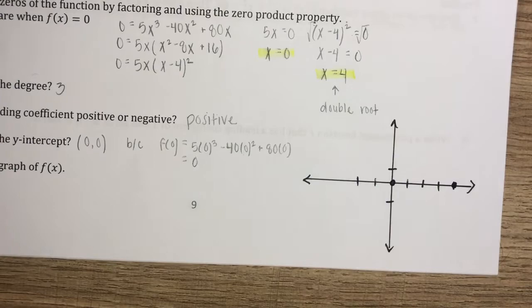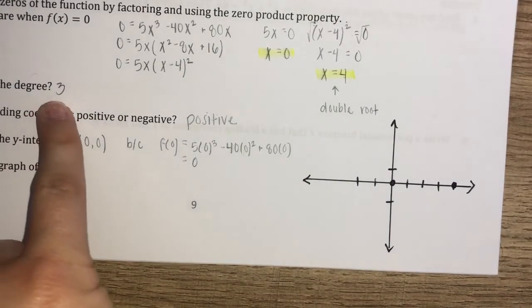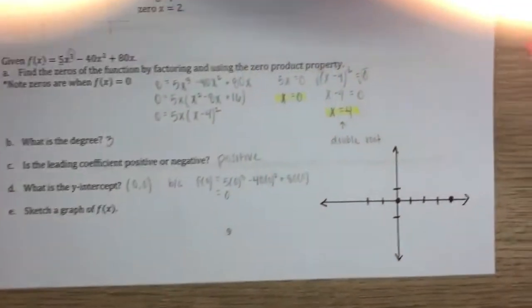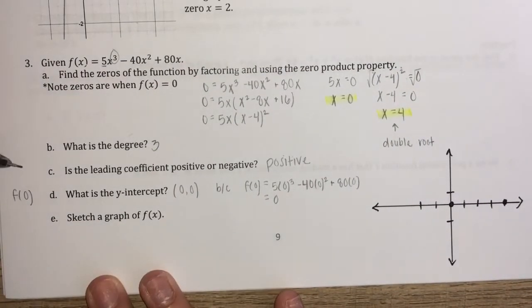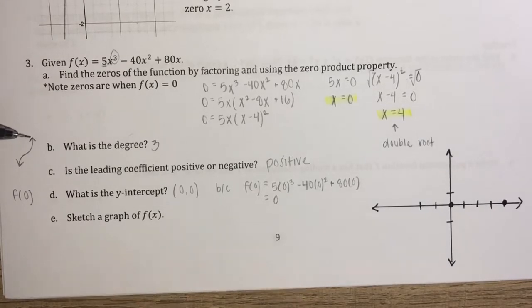So we have a degree 3 polynomial, and we also have a positive lead coefficient. So that means our end behavior is going to look something like this, where it finishes off going in different directions and it's increasing overall. So it's increasing from left to right. And then we also know our y-intercept.